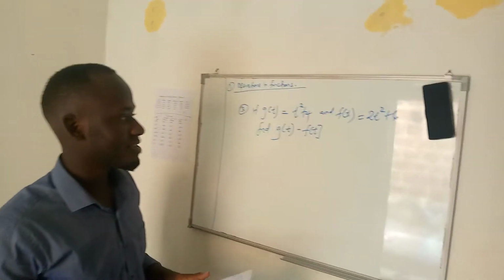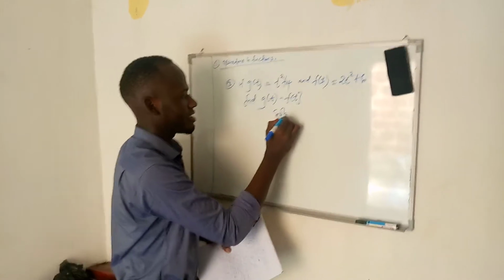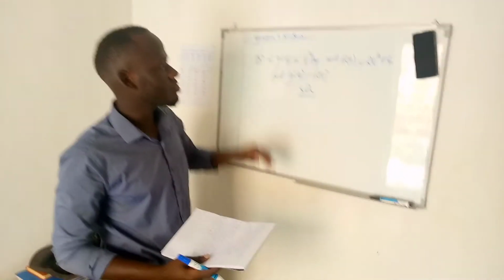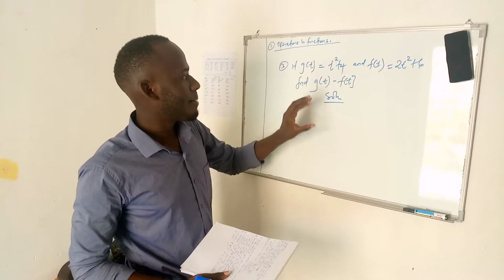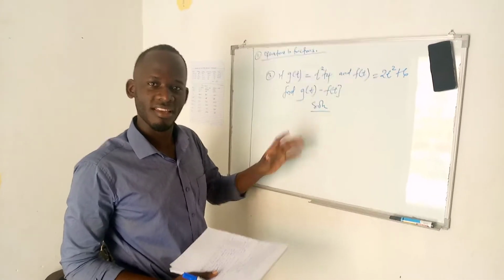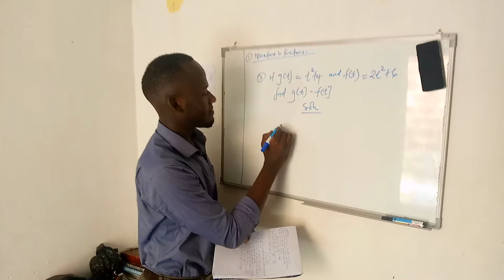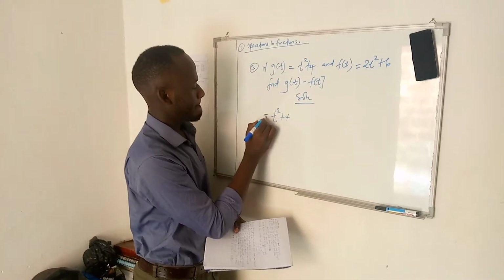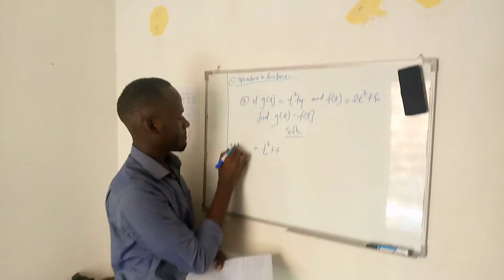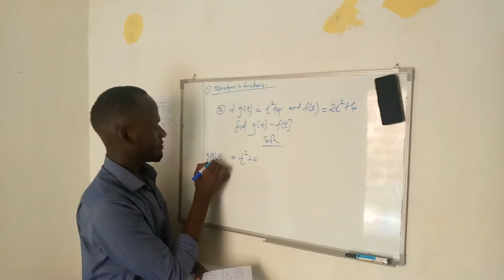Now, as a student who has done the previous numbers, you are able to attempt this. I think this will be my last number about the subtraction sign. So we shall have t squared plus 4, we shall have g of t minus f of t.